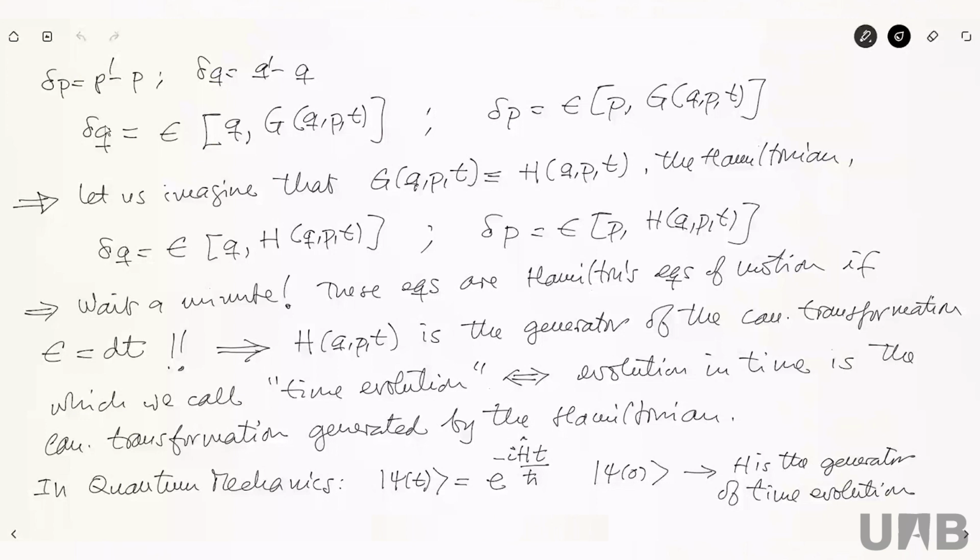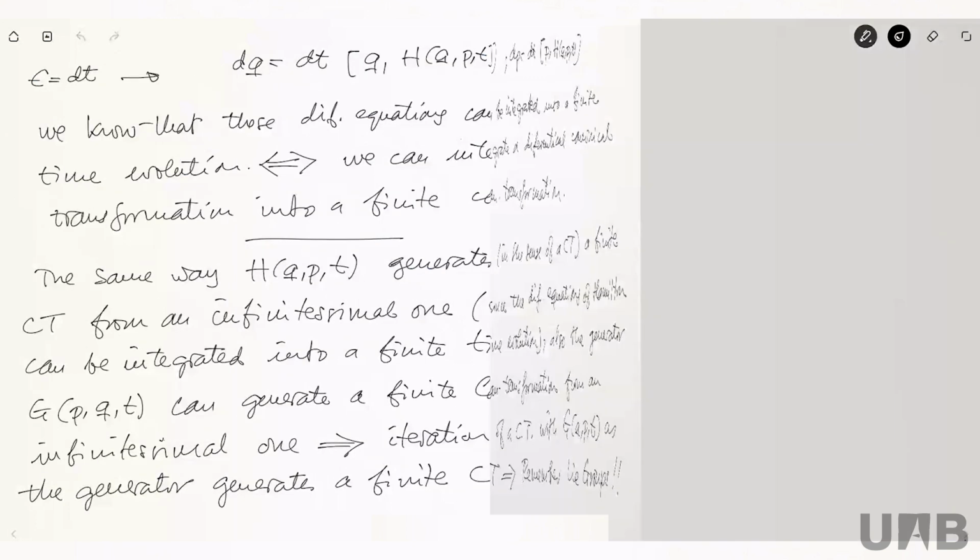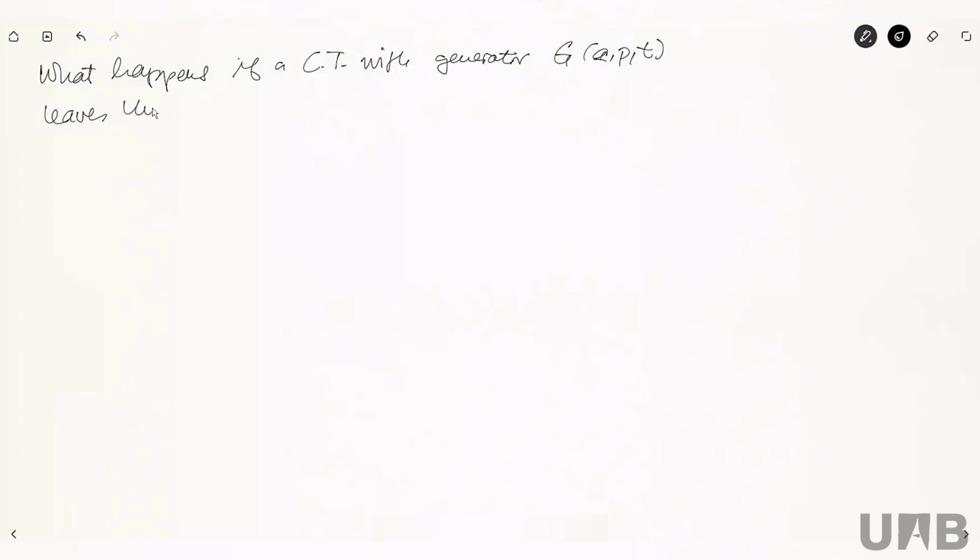Okay, now we can still see other consequences of these relations, right? Let us look at those consequences. What happens if a canonical transformation with generator G of Q, P, and T leaves the Hamiltonian invariant?